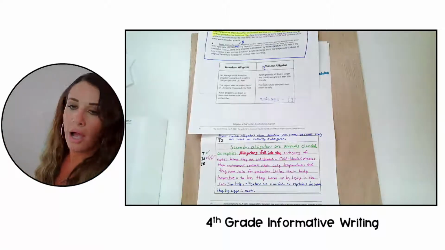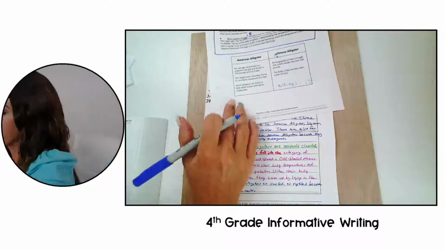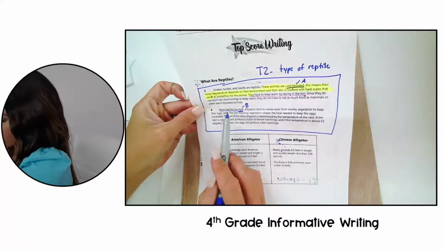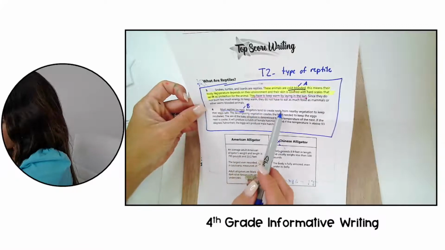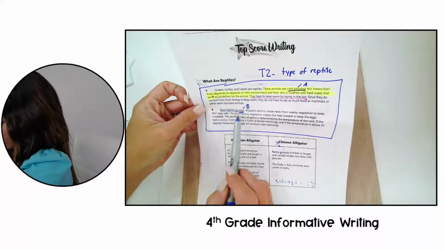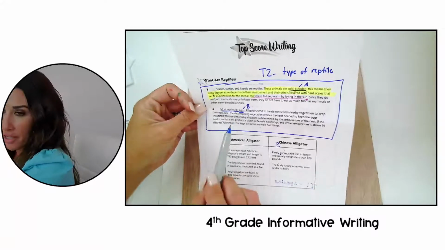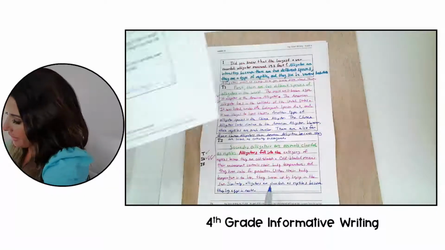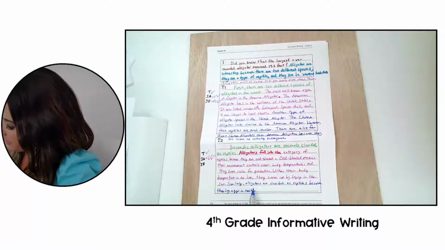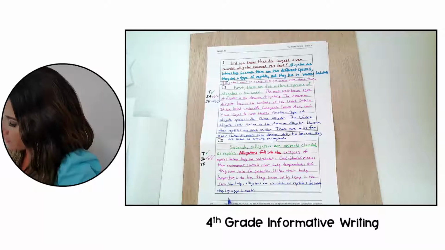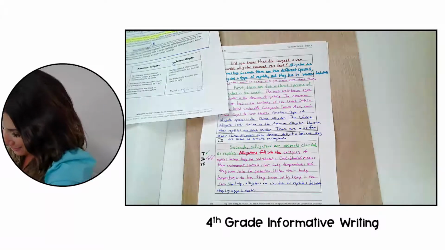So I took what it said up here. Most reptiles lay eggs. Alligators tend to create nests from nearby vegetation to keep their eggs safe. I took those 2 ideas and I paraphrased it into my own words, and I said, similarly, alligators are classified as reptiles because they lay eggs in nests.